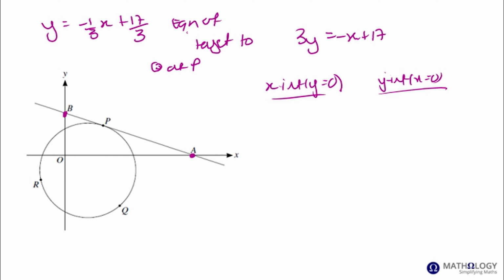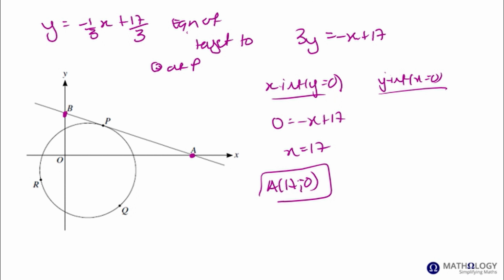So the x-intercept will be when y equals 0, so 0 equals minus x plus 17. x equals 17, so A is the point (17, 0). The y-intercept when x equals 0, so 3y equals 17, y equals 17 over 3. So B is the point (0, 17 over 3).